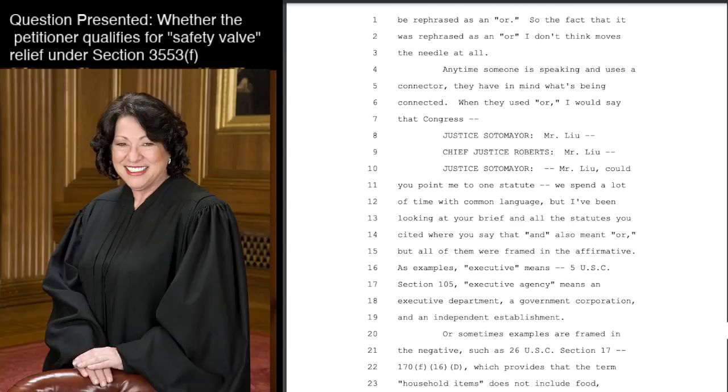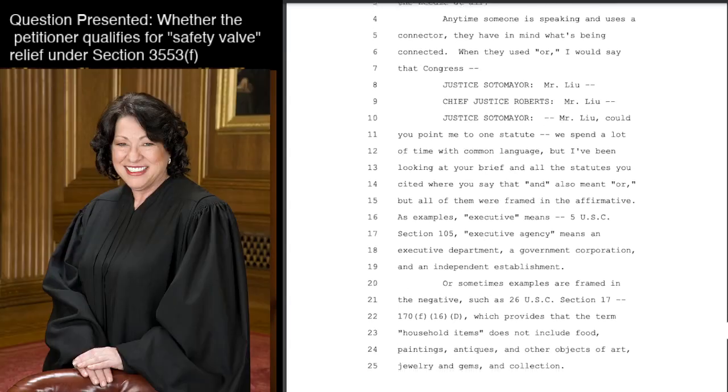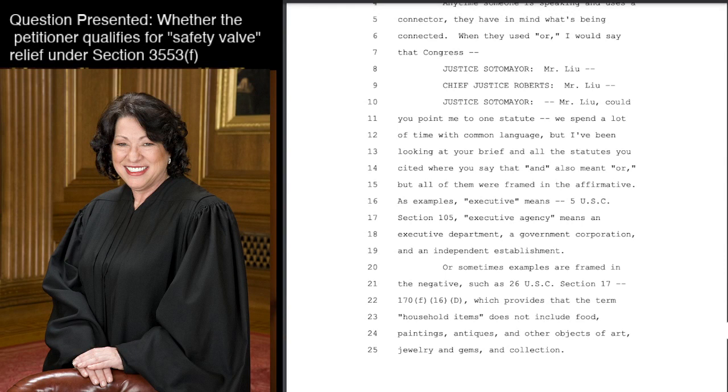could you point me to one statute? We spend a lot of time with common language, but I've been looking at your brief and all the statutes you cited where you say that "and" also meant "or," but all of them were framed in the affirmative.